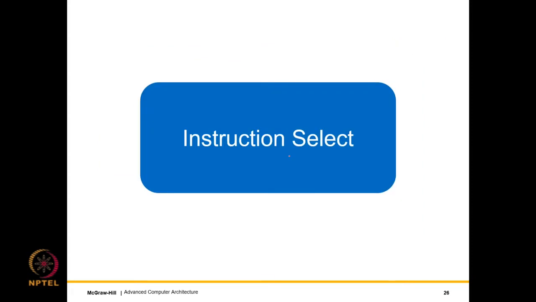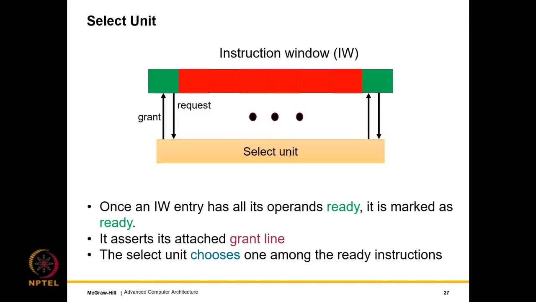So this was the basic broadcast and wake up mechanism. Let us now take a quick look at the instruction select mechanism, which means that once we have chosen the set of instructions, what do we do? Let's consider this the instruction window.